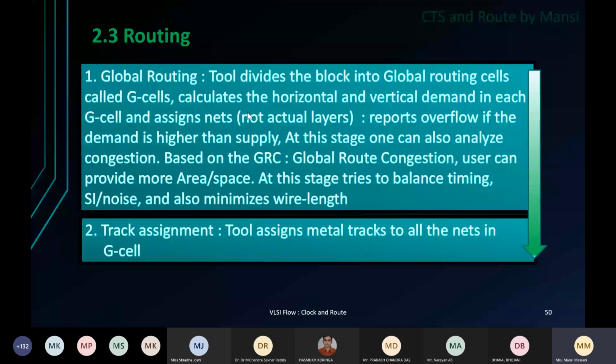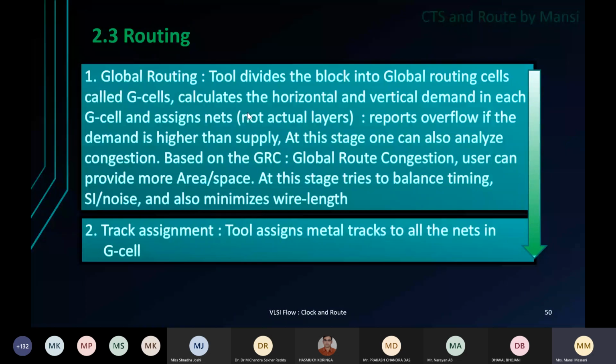First is global routing. What it will do is the tool will divide the whole block into small cells. Let's say if my design is 100 by 100, it will divide it into 10 by 10 small cells, which are called global routing cells or G cells. Then it will decide that, okay, inside each cell these many cells are sitting, so I'll need this many horizontal or vertical routing resources, and let me calculate how many routing resources are actually available.